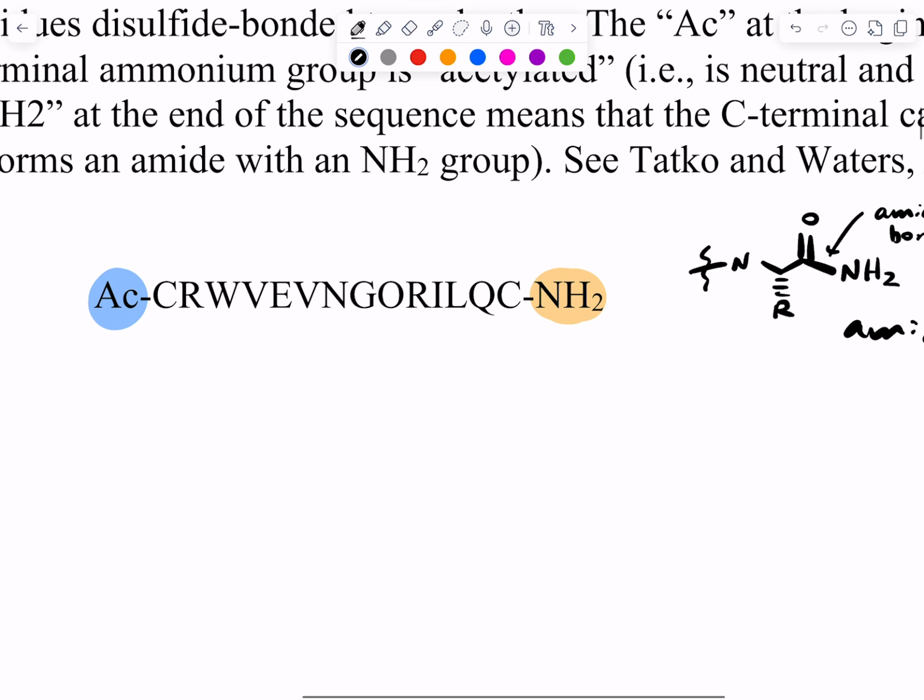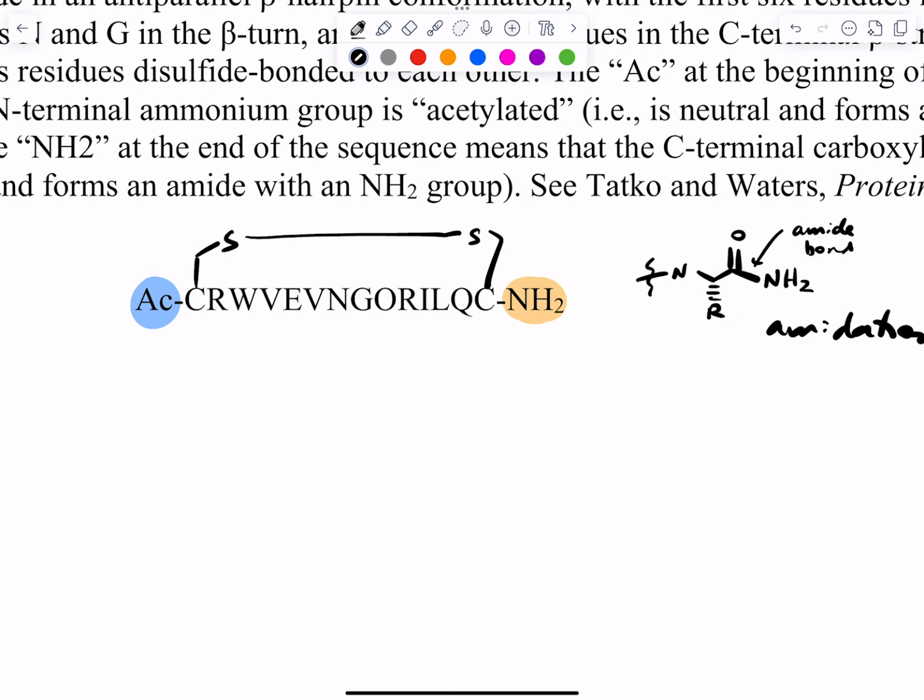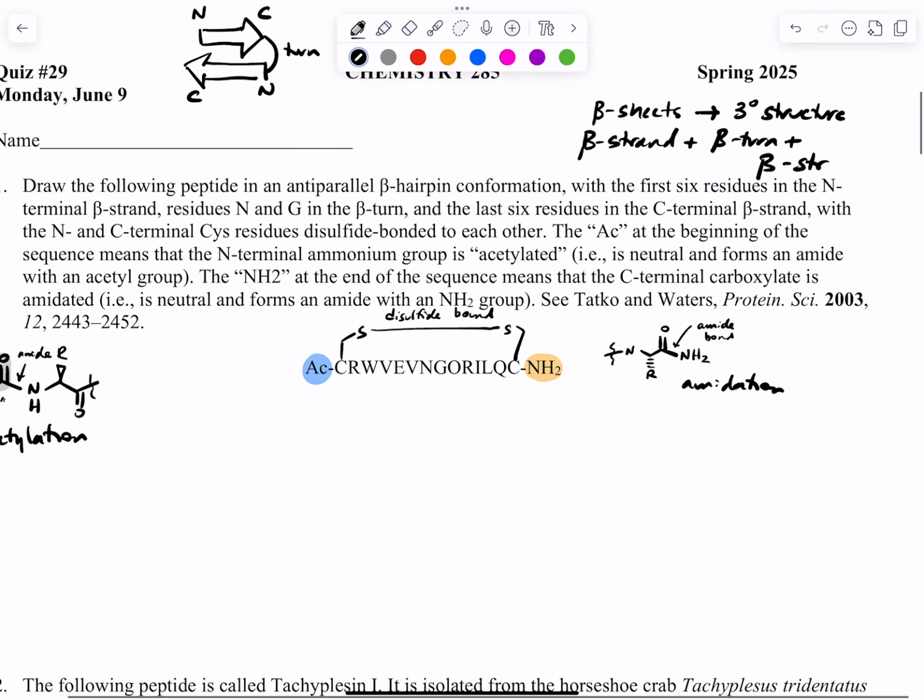Another important thing that'll help you out is to realize that these cysteines at either end, cysteine 1 and then cysteine 14, are going to be disulfide bonded to each other. So in our structure that we draw of this molecule, those two cysteines need to end up close to each other.